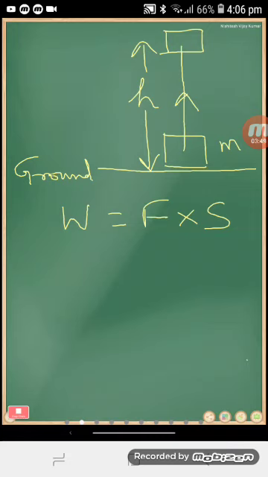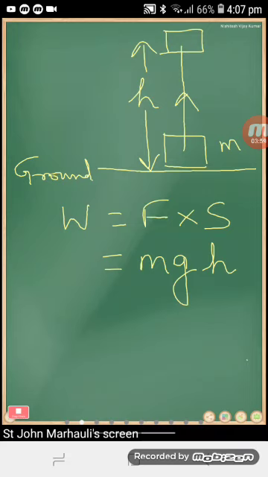Now force applied here will be m into g, whereas the displacement will be the height to which it is being taken. And therefore we find that the work done against the force of gravity is stored in the body in the form of potential energy, which we also call gravitational potential energy.